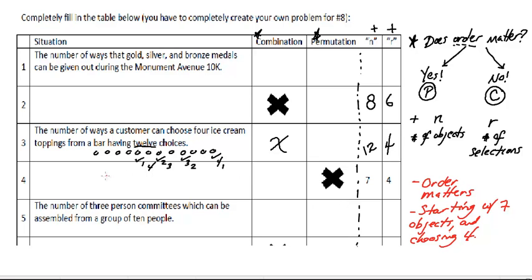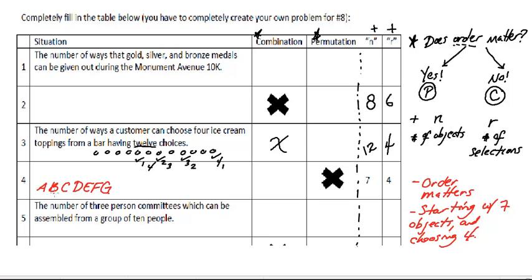So let's say 7 objects. A really good example of a permutation is a word. So let's say I list out the letters A, B, C, D, E, F, and G. If I have these 7 letters, I need to choose 4 of them.